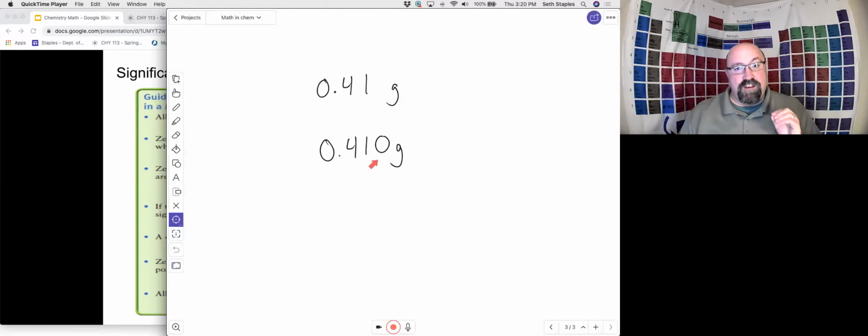It is a 0 following non-zero digits after the decimal point. And so one of the things to ask yourself is, is this 0 something that lends itself to giving me more information about the accuracy of my device? And this one does. This one tells us that we know this measurement more accurately. And so that's a 0 that would be significant.